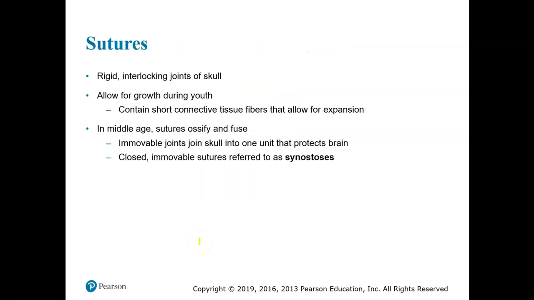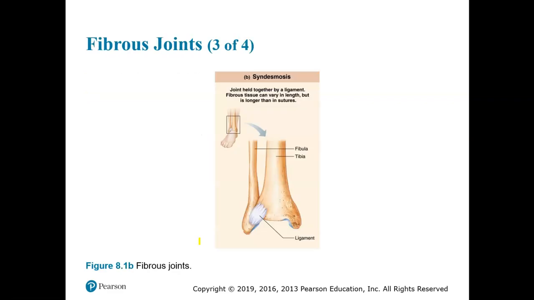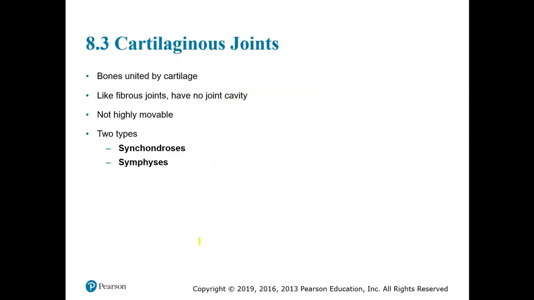So now let's look at cartilaginous joints, and there are two types, synchondroses and symphyses.